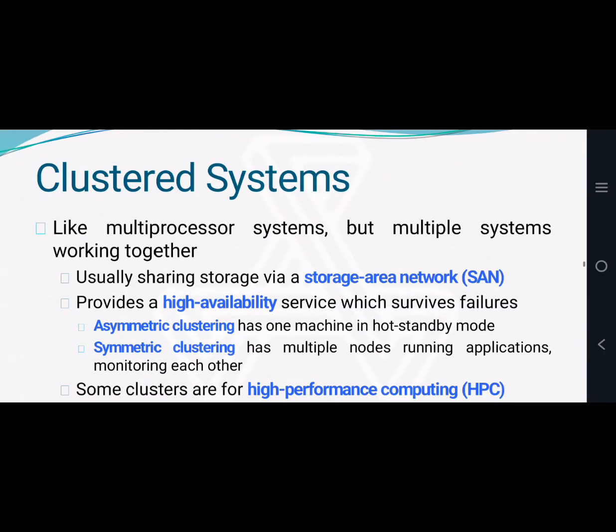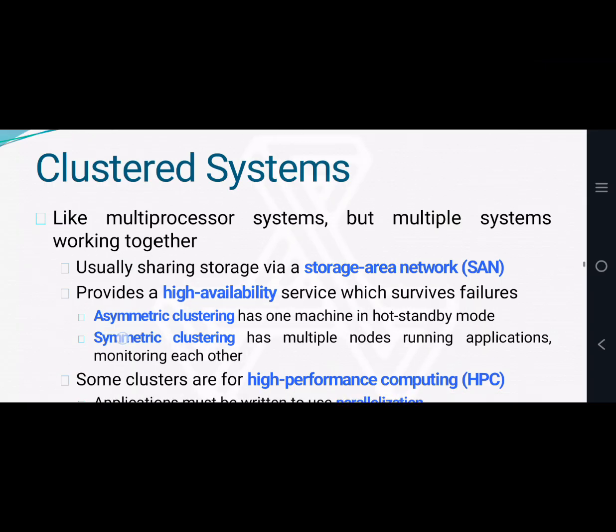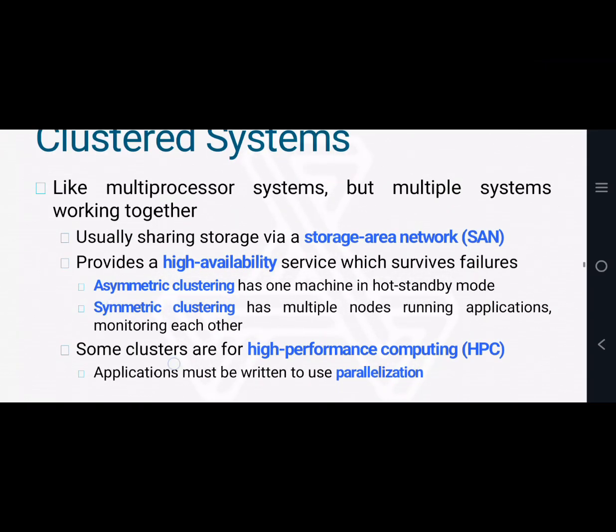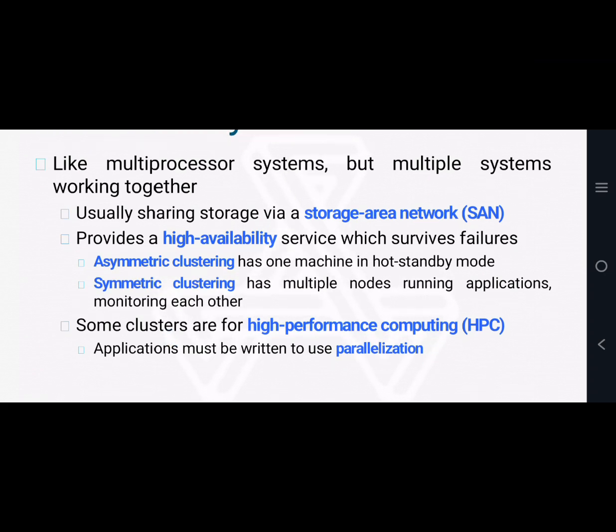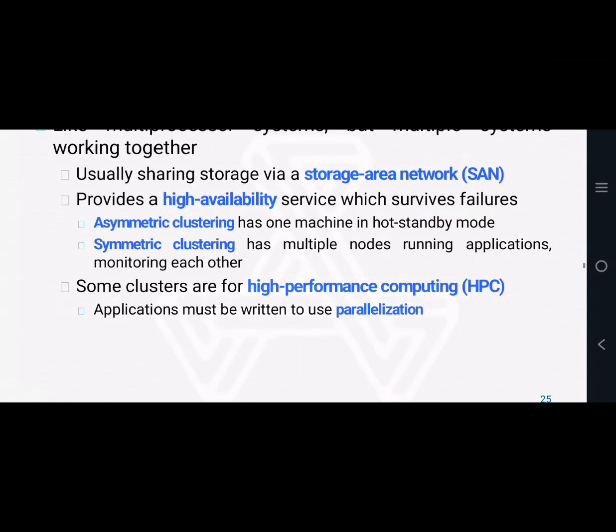Clustered systems are like multiprocessor systems, but with multiple systems working together, usually sharing storage via a storage area network, or SAN. They provide a high-availability service which survives failures. Asymmetric clustering has one machine in hot standby mode.